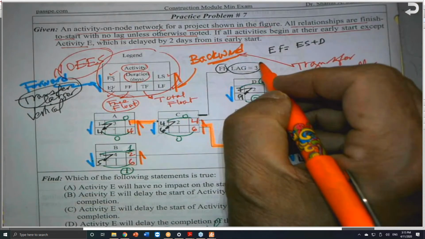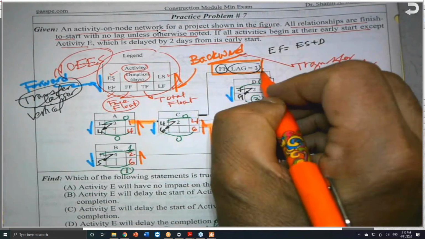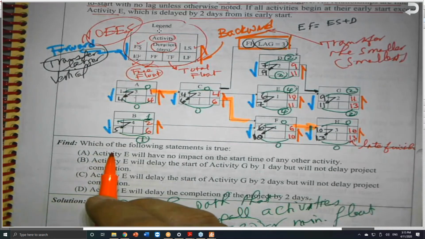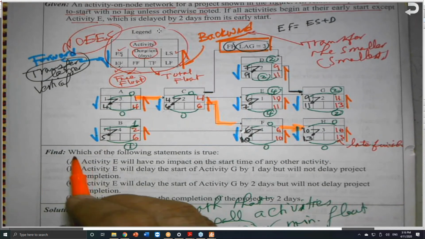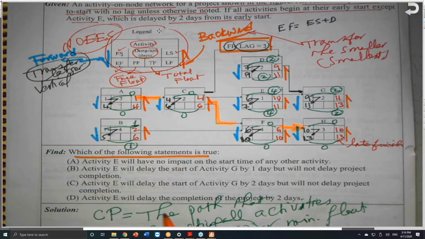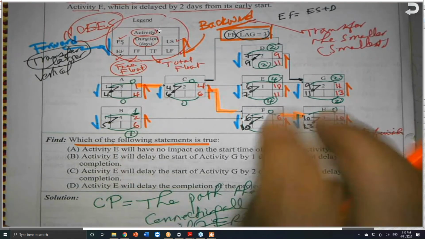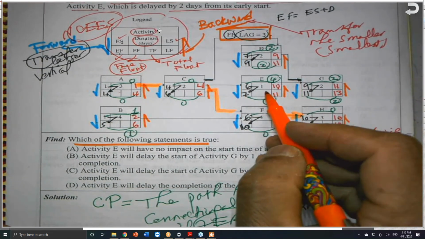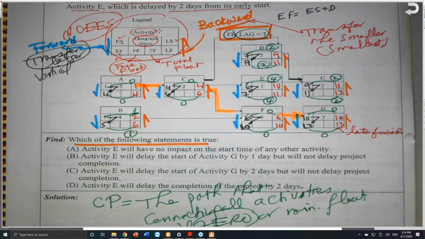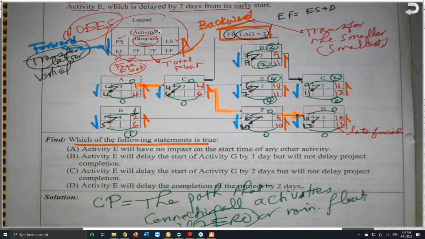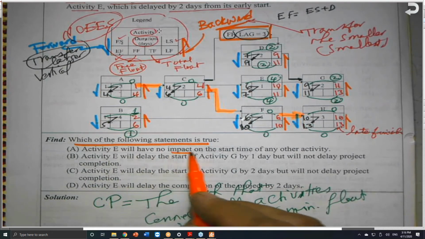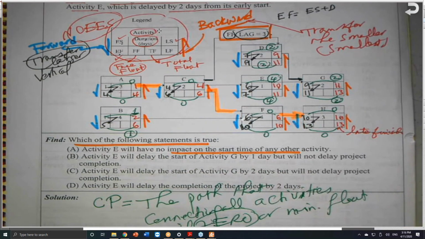The whole story is a float. And it is asking, based on this, after all this work, which of the following statements is true? Activity E, by the way, is not in the critical path. The critical path is like this. Activity E will have no impact on the start of any other activity.